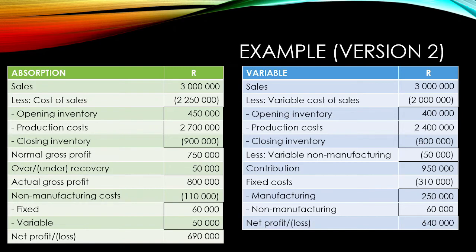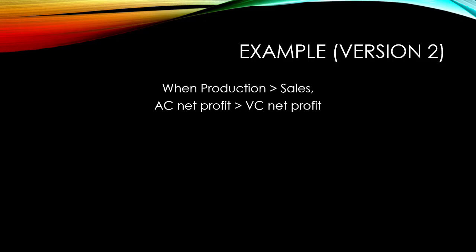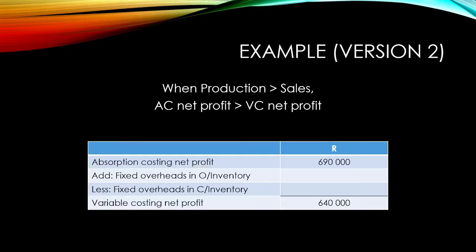Notice this time that our net profits are different and will therefore need to be reconciled. You will also notice that when production is greater than sales, our absorption costing net profit is greater than our variable costing net profit. Let us consider the reconciliation.